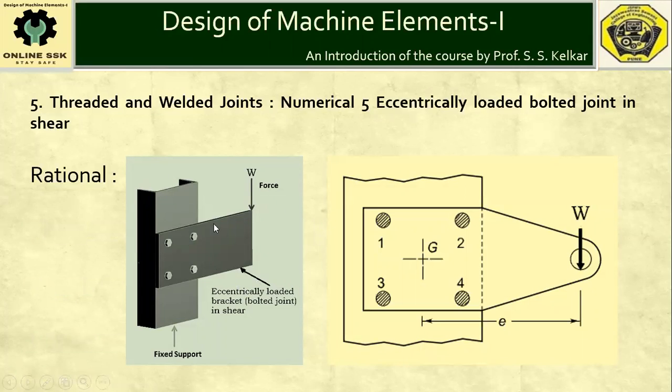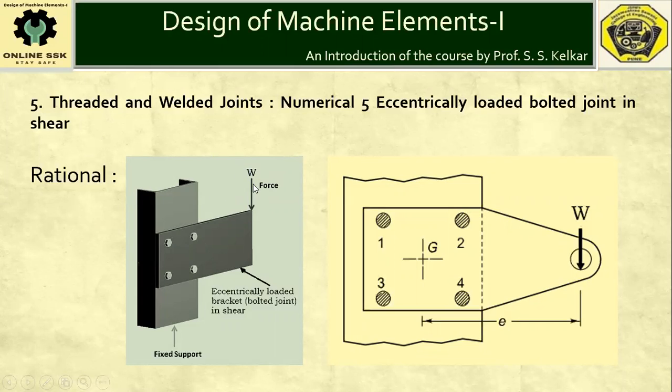As shown in this figure, a plate or bracket is clamped to a support using, say, 4 bolts, or Z number of bolts, and the bracket is subjected to an external load W. This externally applied load W will cause shearing of the bolts.